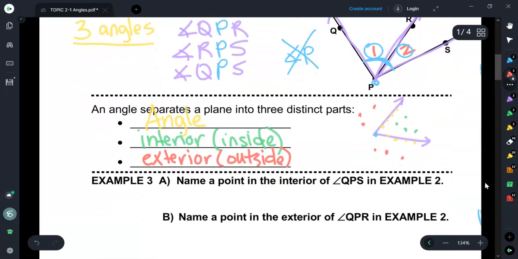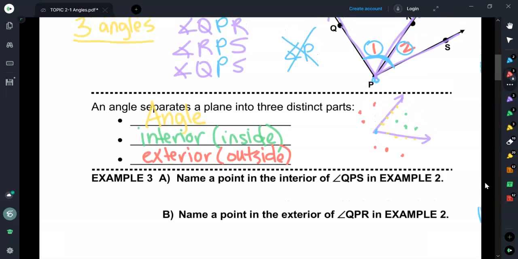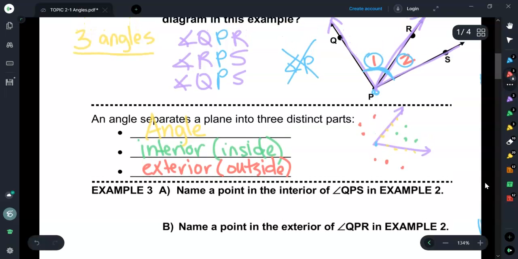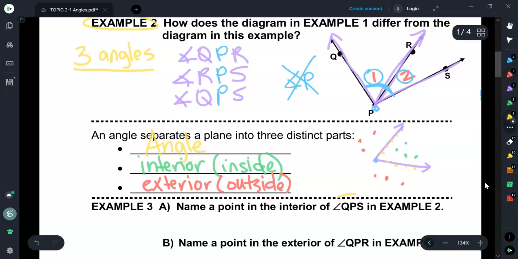Now, if you look down below, for example 3 in A and B, it says name a point in the interior of QPS in example 2. So I'm going to scroll here. If you look at example 2, QPS. Let's start identifying angles here. QPS is the angle that goes from Q to P to S. So what's the vertex of this one?